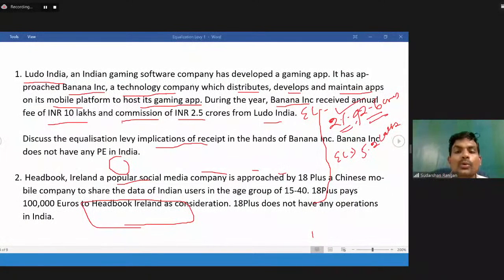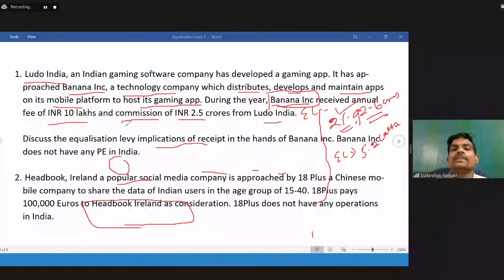So 5.2 lakhs has to be remitted by Banana Inc. They have to do the process. So please remember why equalization levy 2.0 has raised a lot of eyebrows. It has a very wide definition. Any non-resident e-commerce operator who is doing e-commerce supply of services.